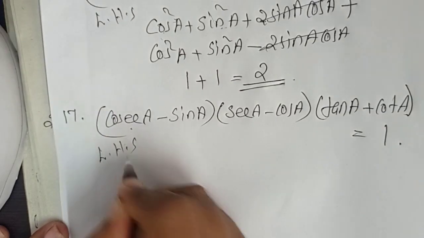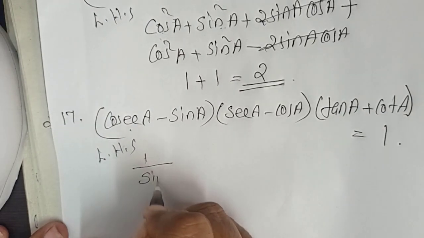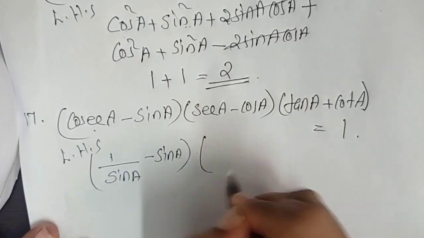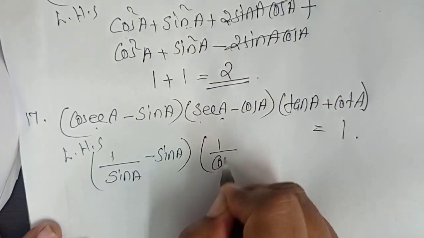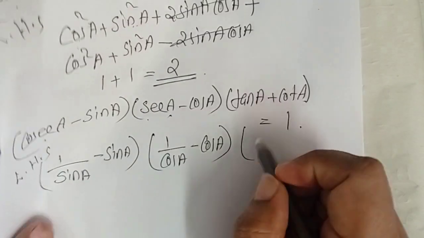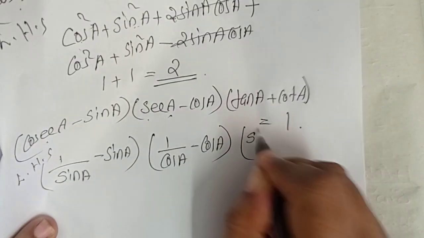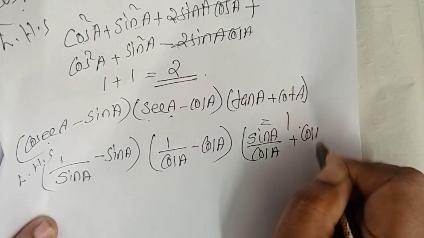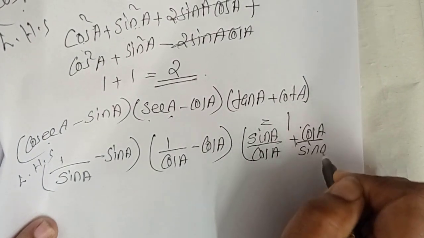LHS. Cosec A is 1 by sin A minus sin A into sec A is 1 by cos A minus cos A into tan A plus cot A. How can you write tan A? Yes, sin A by cos A plus cos A by sin A.